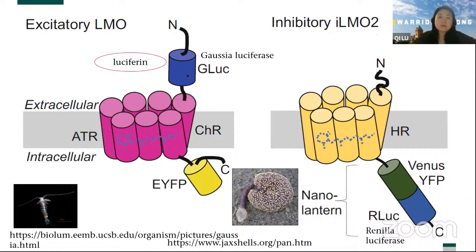After this enzyme does chemical reactions on the luciferin, it emits light, and this light can be captured by the channelrhodopsin, causing a conformational change that opens the channel. The inhibitory one has the rhodopsin linked to Renilla luciferase, which comes from another deep sea creature and also uses luciferin as a substrate.